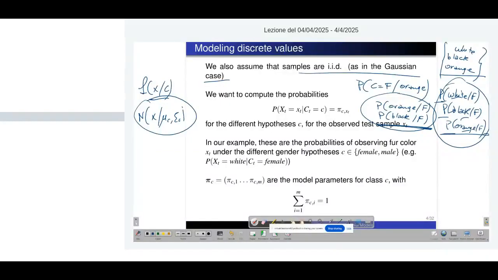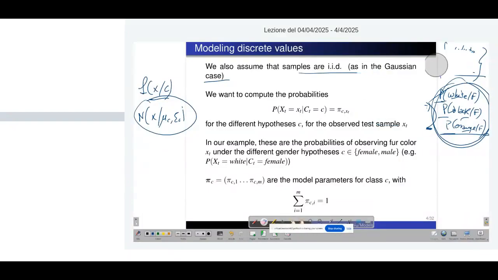Now, I need a model that allows me to compute these values. The simplest model that I can do is actually simpler than what we have done before. I can say that I have a model which has three parameters, and the parameters are, for the female class of course, exactly the values that I want to compute.